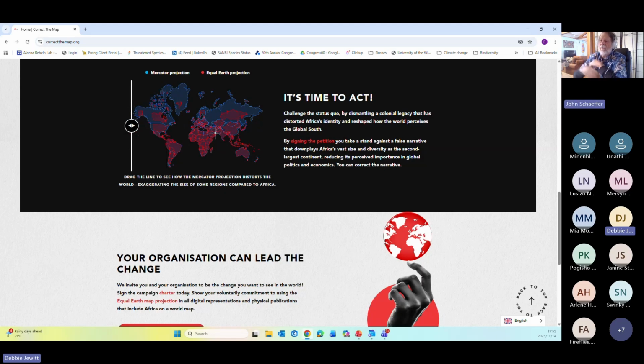So I'm hoping that this helps to show how choosing your projection and the feature you want to show, whether it be area or direction, is so critically important. I just think it's quite a nice graphic to show.